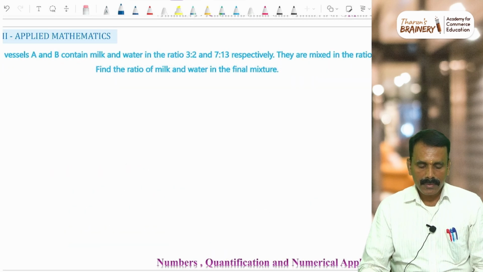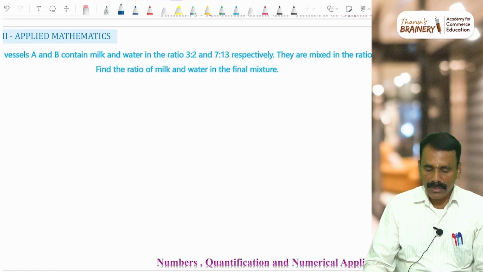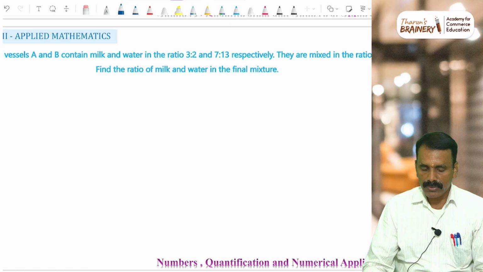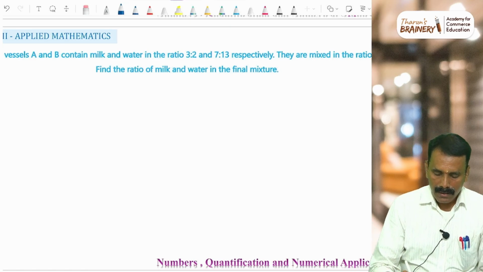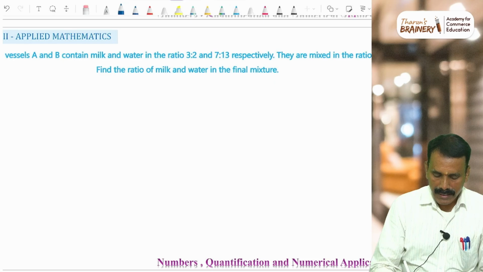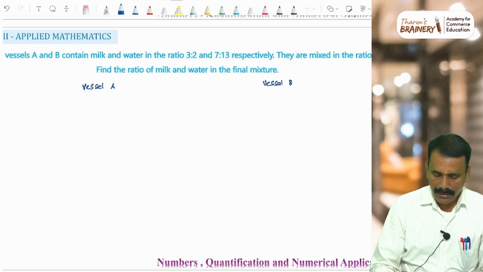Let's see another problem. Two vessels A and B contain milk and water in the ratio 3:2 and 7:13. It is the same type of problem. So here we are having two vessels again, vessel A and vessel B, and the same thing, milk and water.